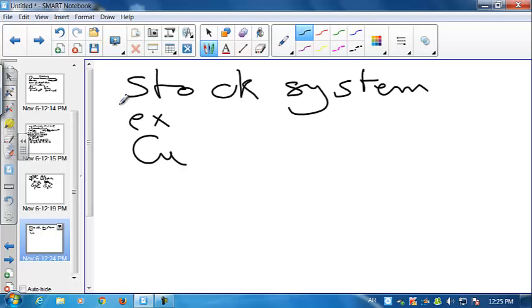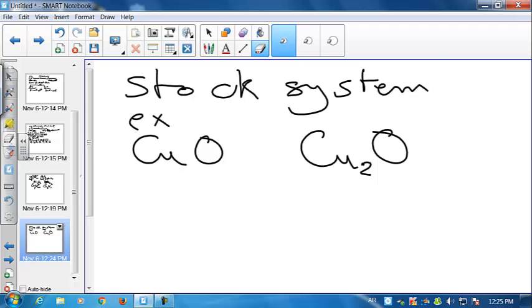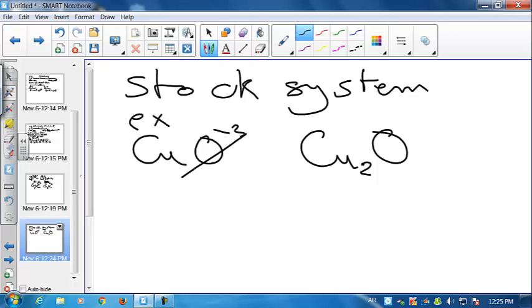So with oxygen, it can make a formula of CuO, and it can make a formula of Cu2O. What does this mean? The normal oxidation number for oxygen is negative 2, so we put it here.